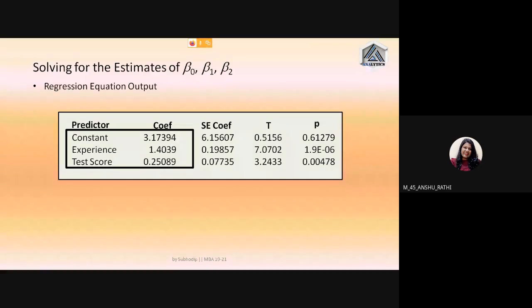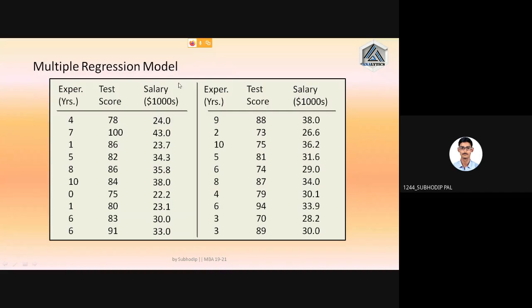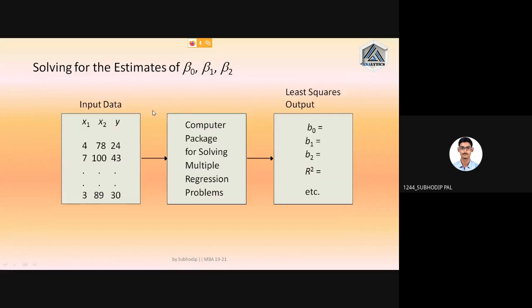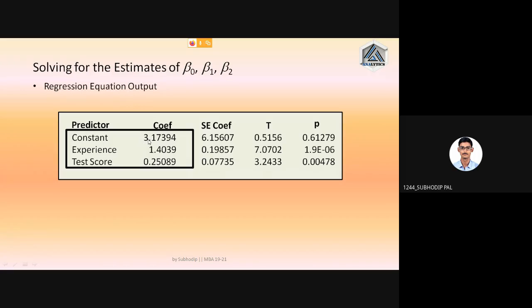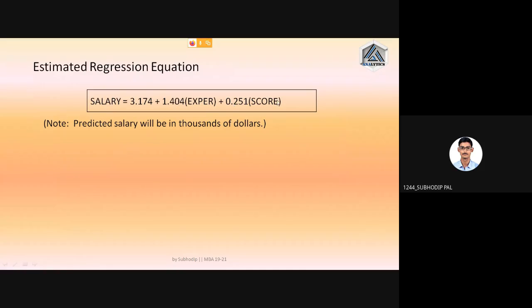So instead of y cap, I can write my dependent variable, salary. Salary equals 3.17 plus 1.4 into experience plus 0.25 into test score. This is the regression equation.